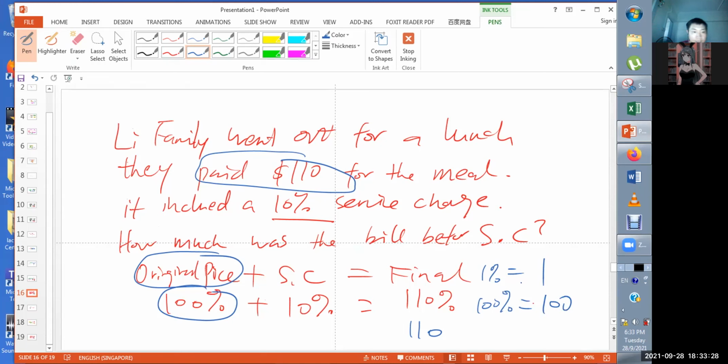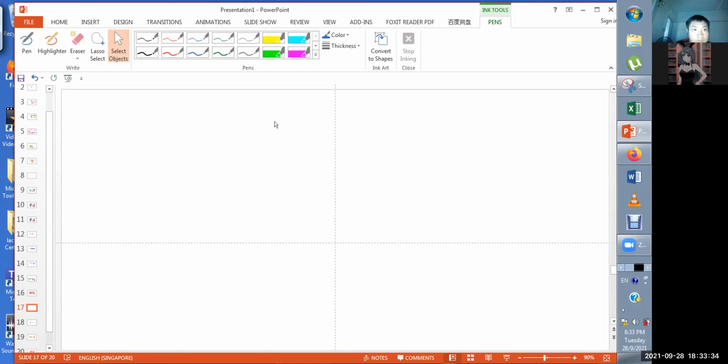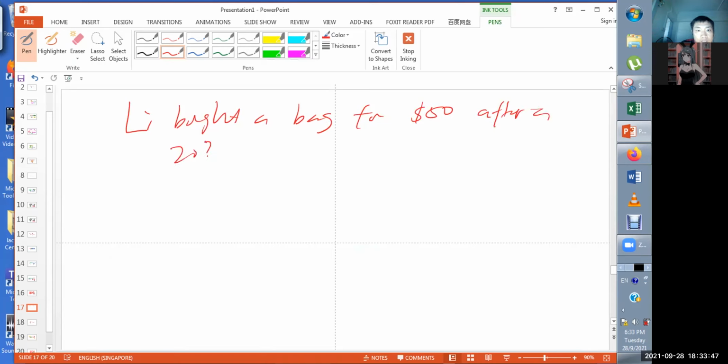Okay, same thing. Probably I should add to this. So Lee bought a bag for $50 after a 20% discount. So what was the price before the discount?